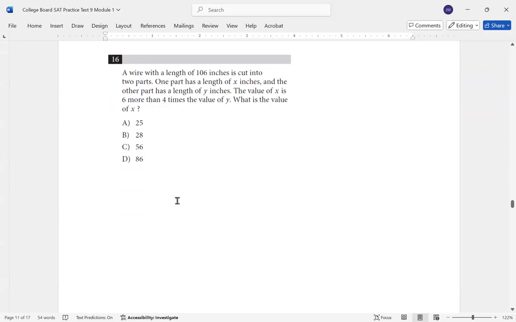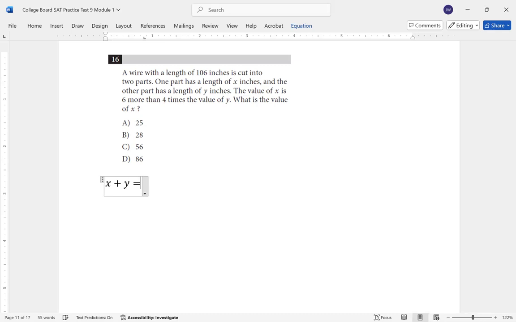Question 16. A wire with a length of 106 inches is cut into two parts. One part has length X inches and the other part has length Y inches. The value of X is 6 more than 4 times the value of Y. So we have a couple of different equations.